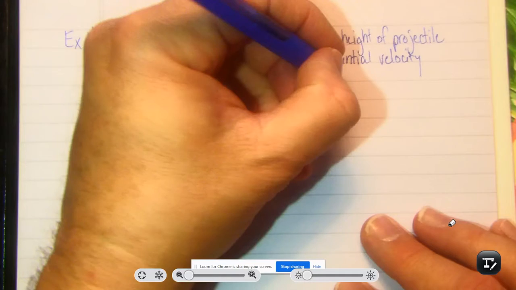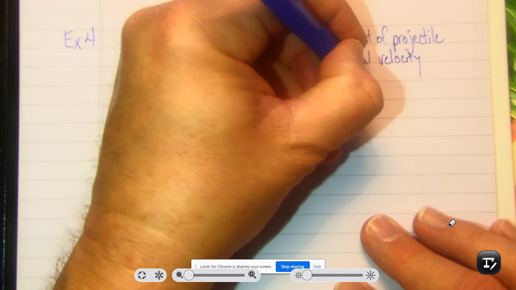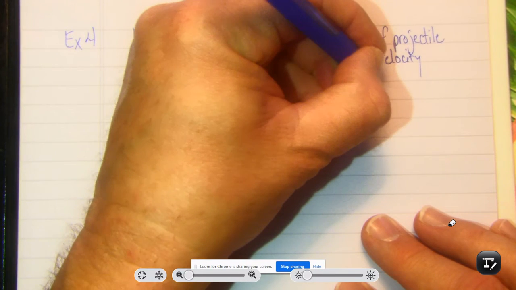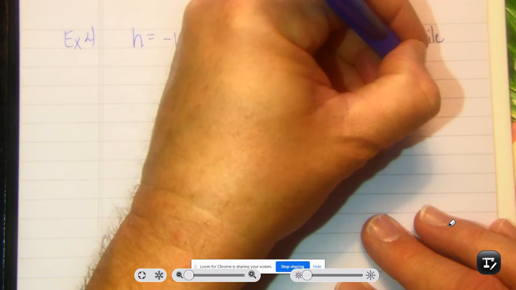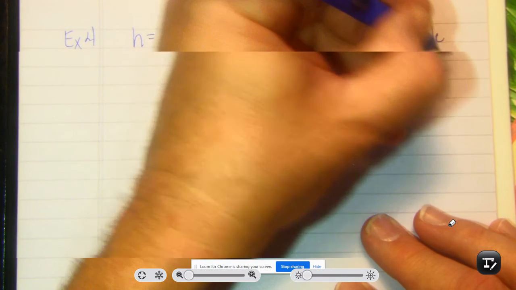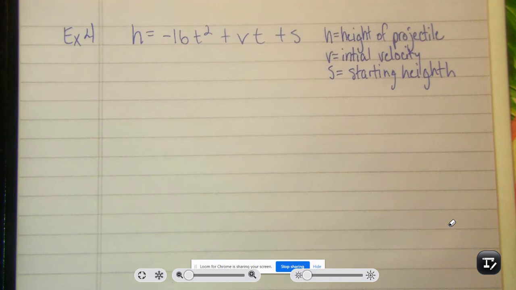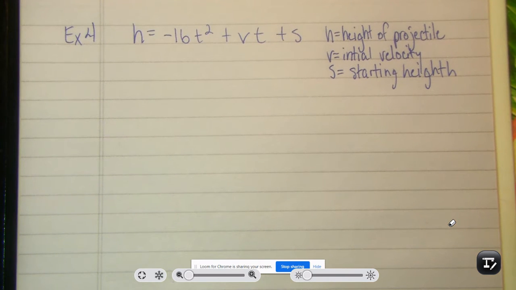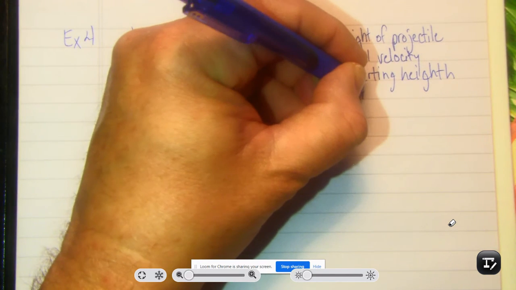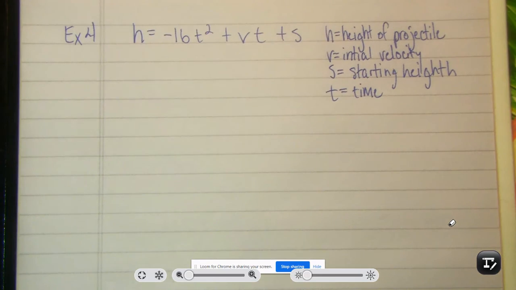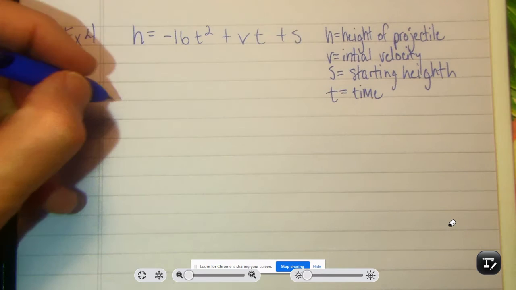And S is the starting height. Of course, T represents time. So here's the question. A baseball player hits the baseball into the air.